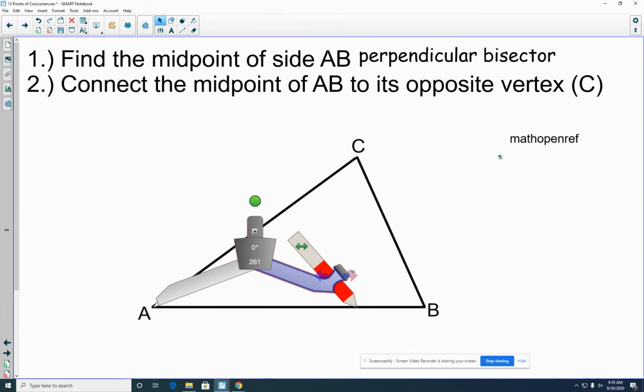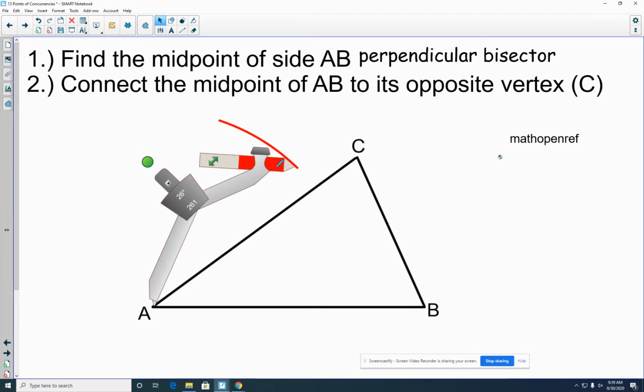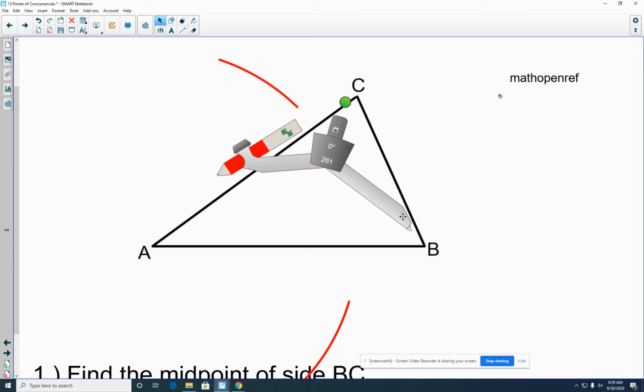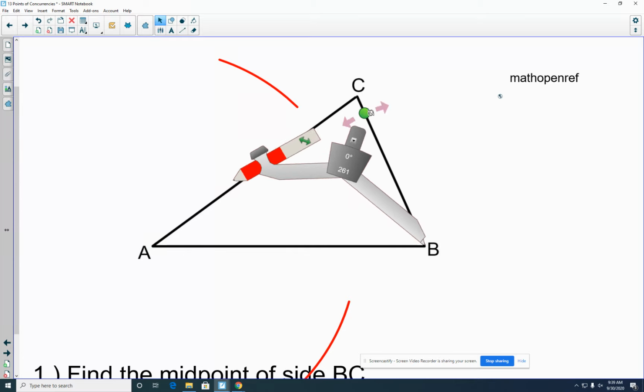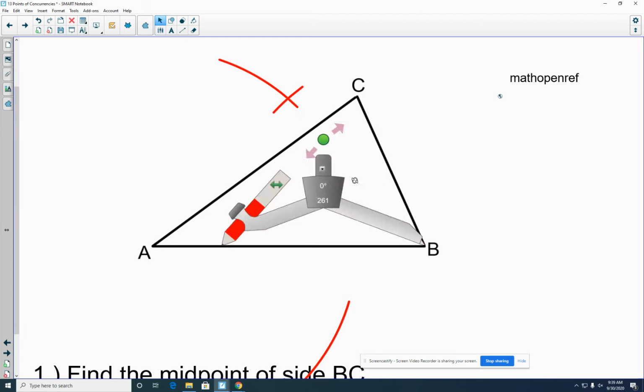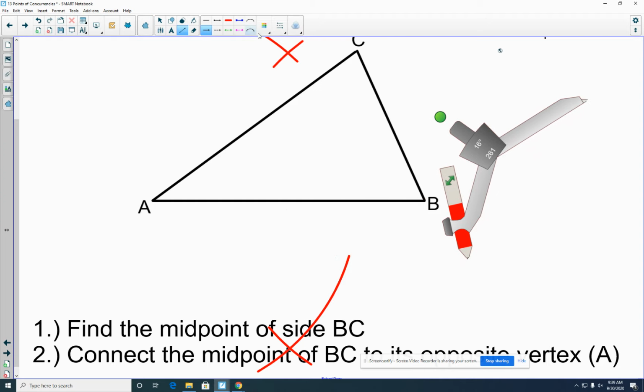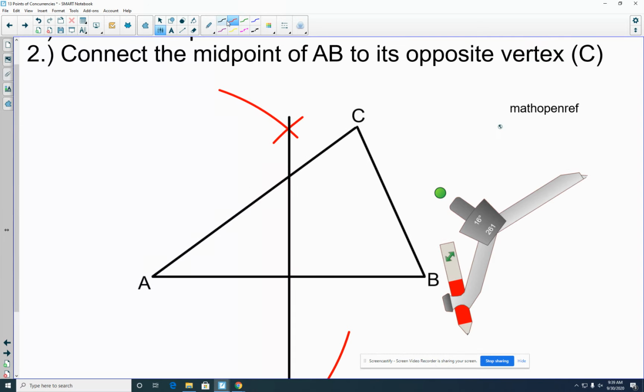So open up here to here, swing an arc above and below, flip, go to B, above, below, connect the line through the intersections, put an arrow at the end, and now let's put a point right here, and then that's going to be your midpoint. So I'm going to type in midpoint. Okay, so you found the midpoint.